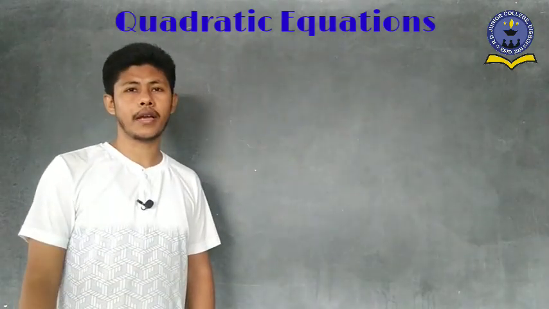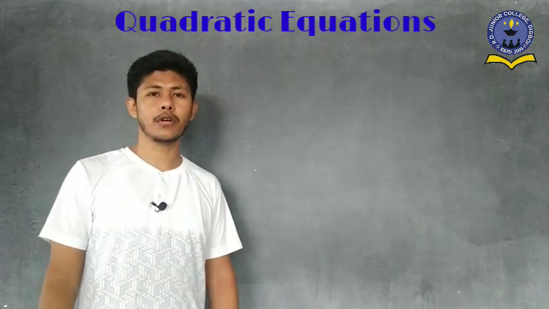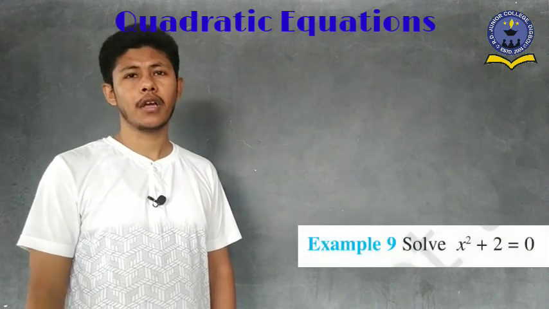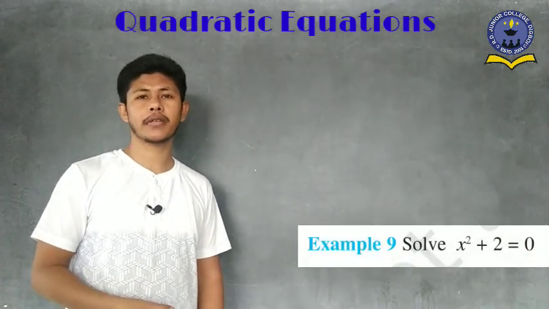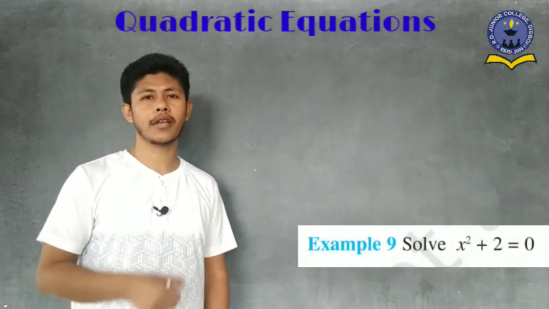Let's take an example and see how we can solve this type of question. Solve x square plus 2 equals to 0. This is a quadratic equation, isn't it? Now we have to solve this and find the roots.